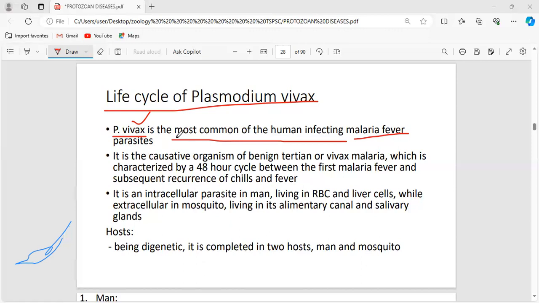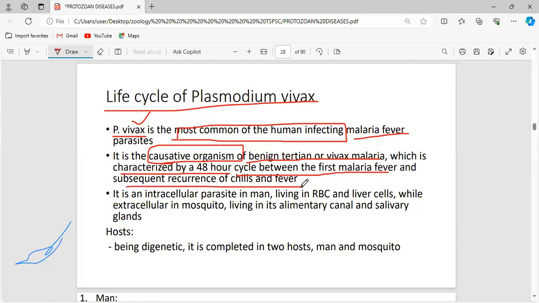Plasmodium vivax is the most common form of human infecting malarial fever. Plasmodium vivax is the protozoan, and it is the causative organism of the benign tertian or vivax malaria, which is characterized by a 48-hour cycle between the first malarial fever and the subsequent recurrence of chills and fever.